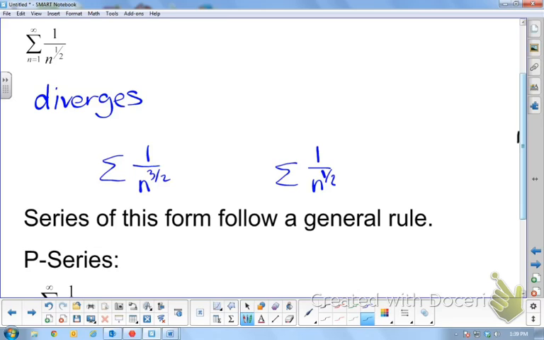When I brought these up, n to the negative 3/2, n to the negative 1/2, what happens to each of these when we add 1 to the exponents? This one would be positive 1/2 when we integrate. What's going to happen to this one? Negative 1/2. So if I can still get a negative exponent when I integrate, we're going to converge. If I end up with a positive exponent when I integrate, I'm going to diverge.